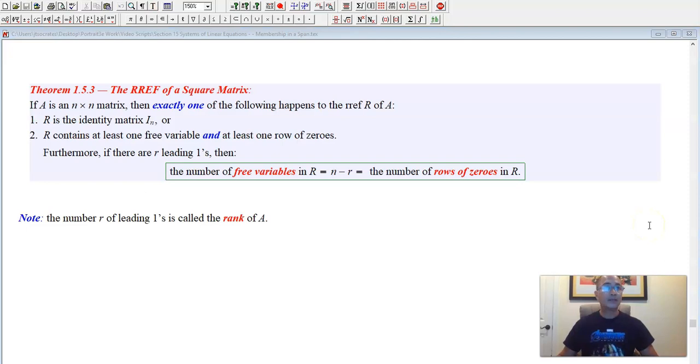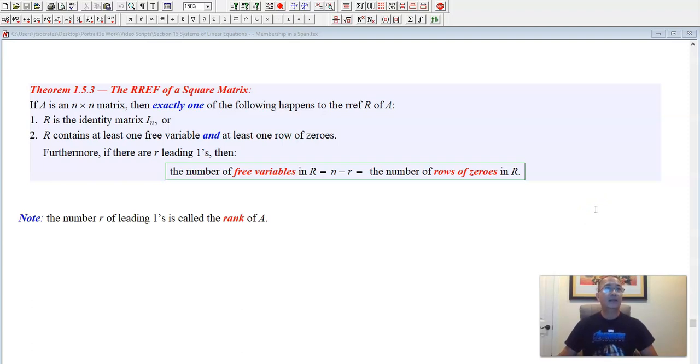So we can generalize that to what happens to the REF of any square matrix. If you have an n by n matrix, then exactly one of the following 2 possibilities happens to the REF. You will either get the identity matrix, I_n, or you will have an REF that contains at least 1 free variable and at least 1 row of zeros.